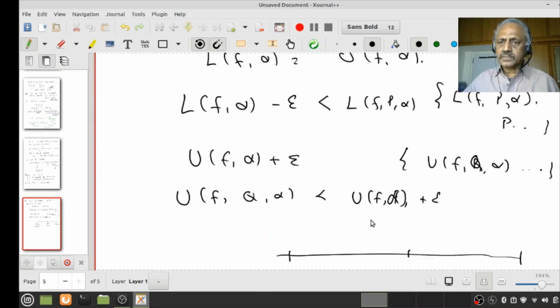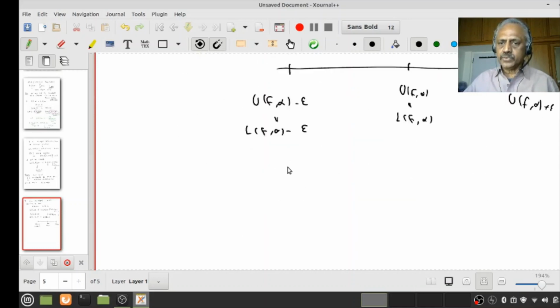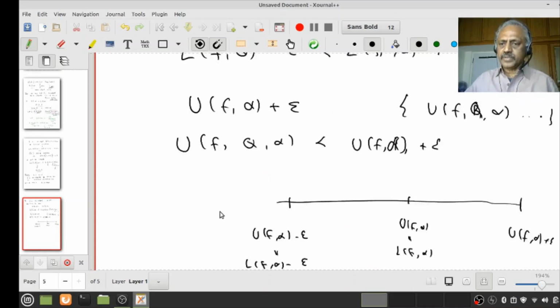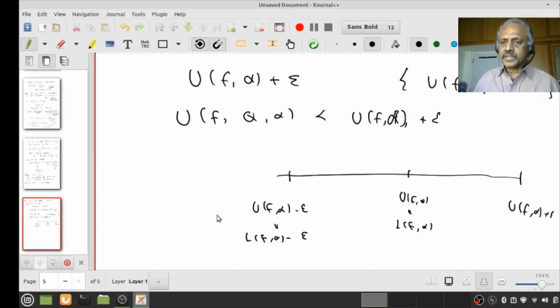Now what did I conclude? That LF alpha minus epsilon, which is the same as saying UF alpha minus epsilon, is less than LFP alpha. Therefore where will I mark it? I have to mark it somewhere here. Okay, LFP alpha.